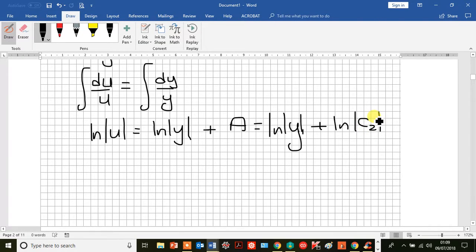Okay, a is, you can just write a as the logarithm of some other constant. It doesn't matter. It's perfectly possible to do that.